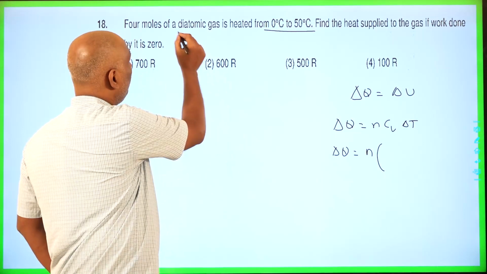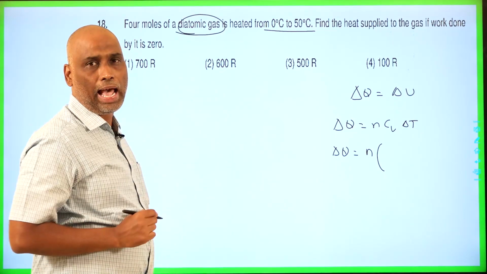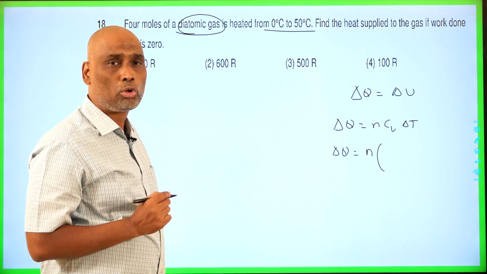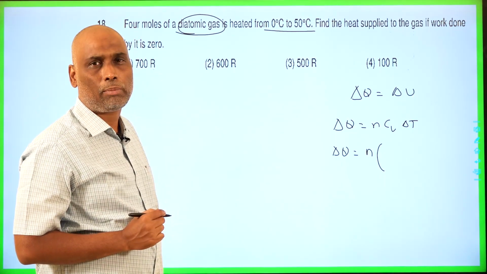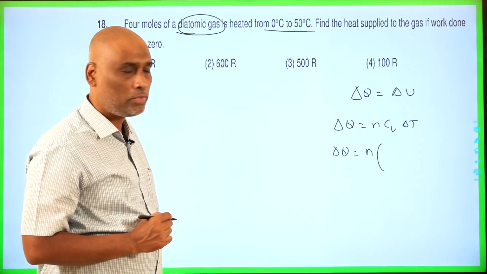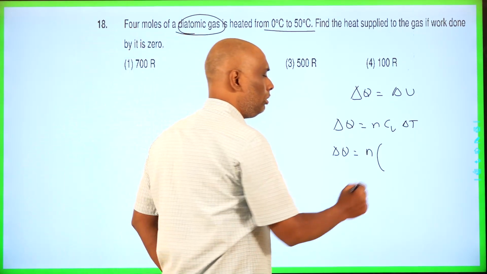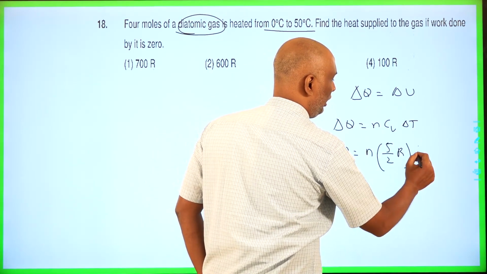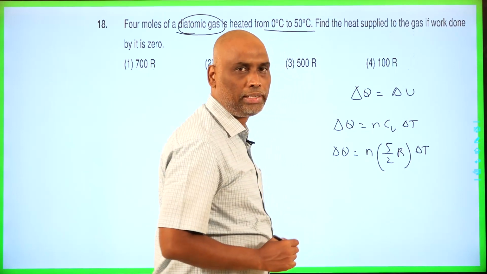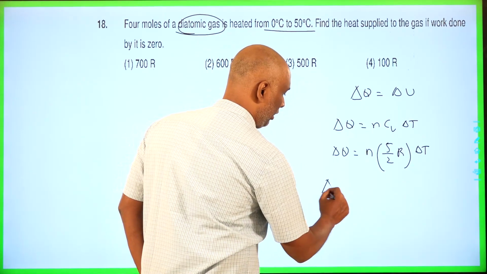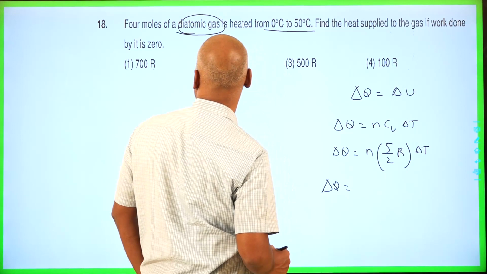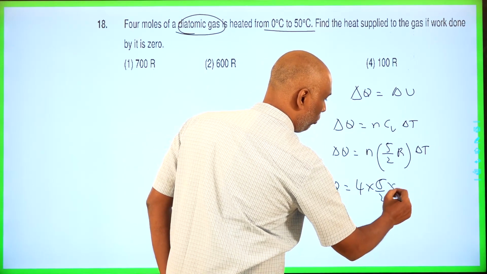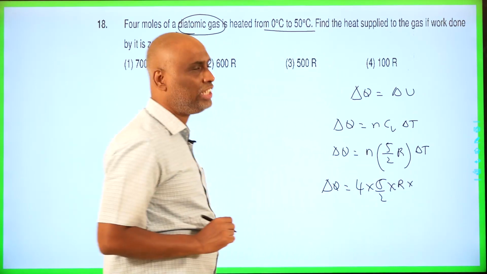It is given that this is a diatomic gas. As it is a diatomic gas, considering only translational and rotational degrees of freedom, the total number of degrees of freedom will become 5. Then the value of Cv becomes f by 2 R, which is nothing but 5 divided by 2 R, into the change in temperature delta T. So delta Q from this equation becomes n, the number of moles, which is 4, into 5 divided by 2, into R, into the change in temperature.